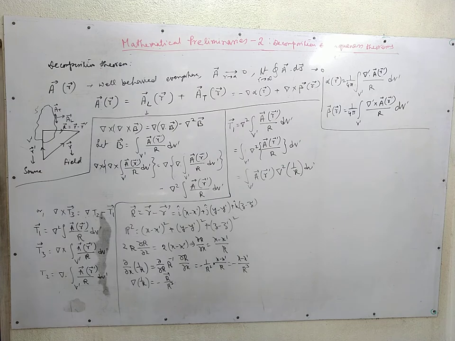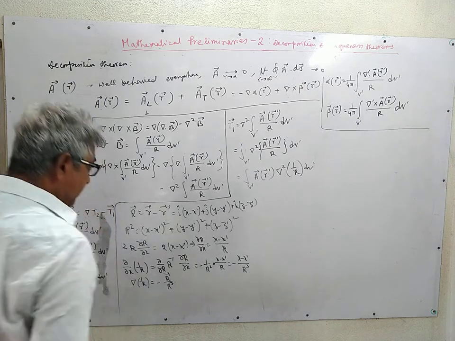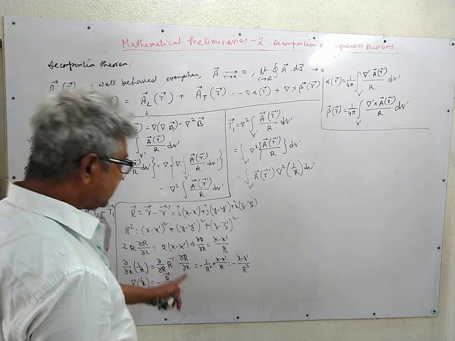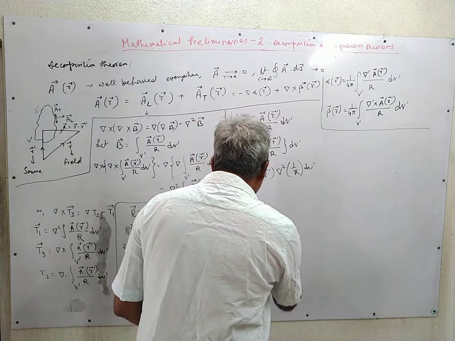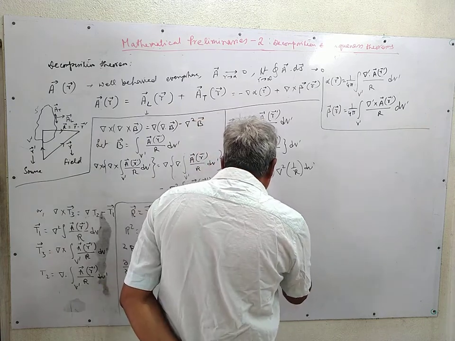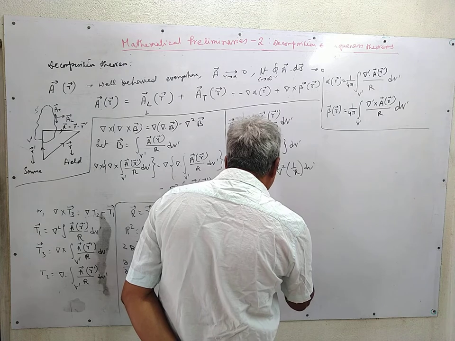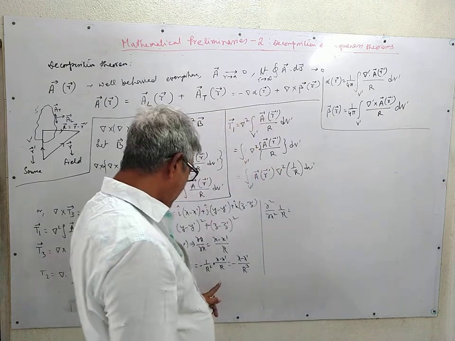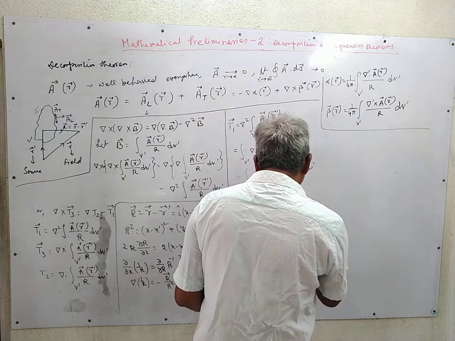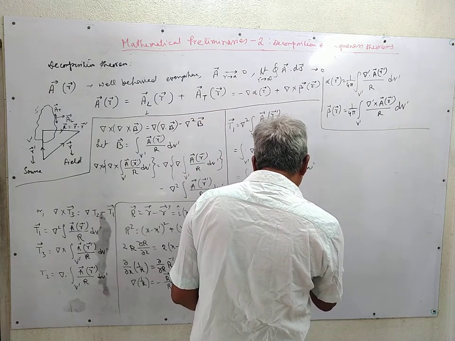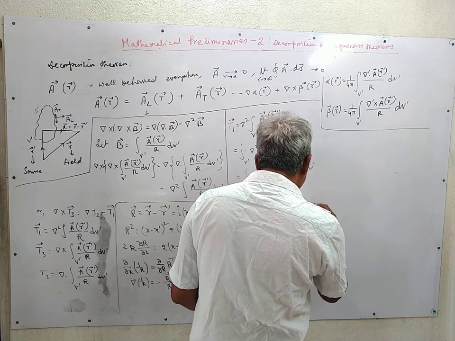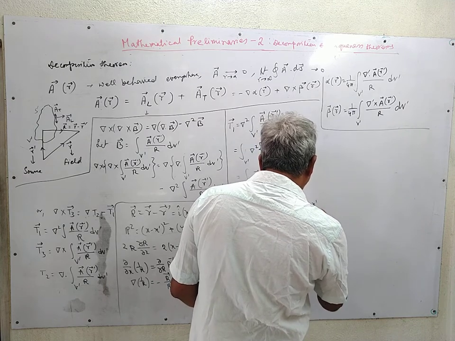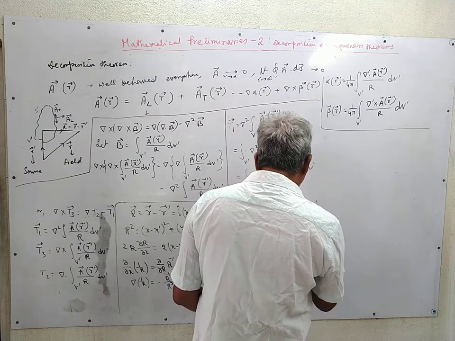Now our aim is to calculate the second derivative, that is del 2 del x2 of 1 by R. Del 2 del x2 of 1 by R is del x of x minus x prime by R cube with a minus sign.